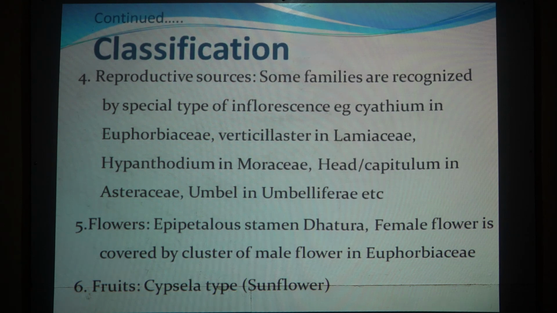For example, racemose and cymose are the two main inflorescences. However, some plant families are recognized by special types of inflorescence. For example, Cyathium in Euphorbiaceae, Verticillaster in Lamiaceae, Hypanthodium in Moraceae, head or capitulum in Asteraceae, and umbel inflorescence in Umbelliferae.